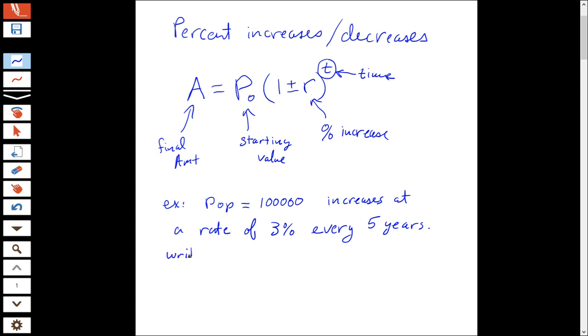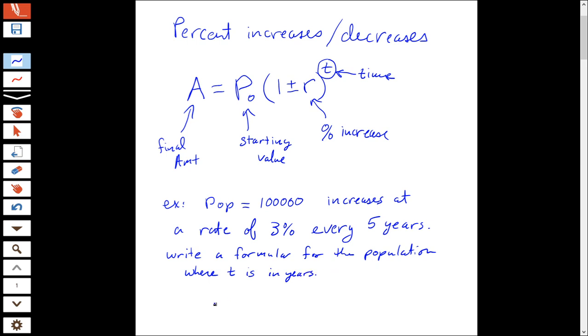Write a formula for the population, where t is in years.